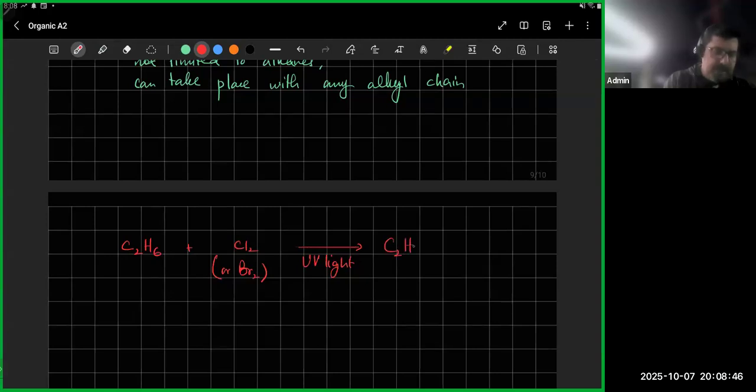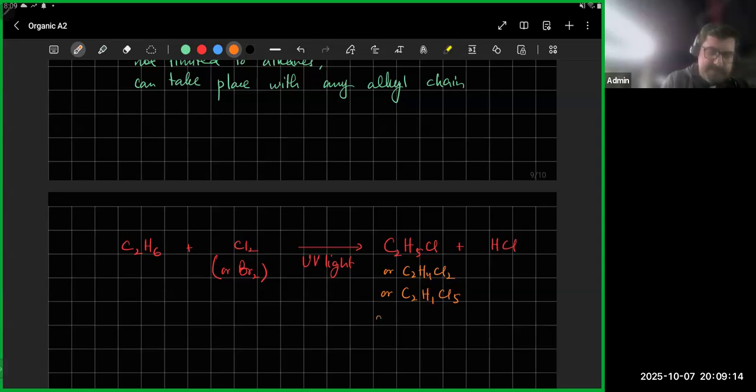And any of the H's could be substituted with Cl. And HCl would be a byproduct. So it could be any of the H's. Okay, so it could be C2H4Cl2, or it could be C2. You'll be left with just one H, and all five could be Cl, right?